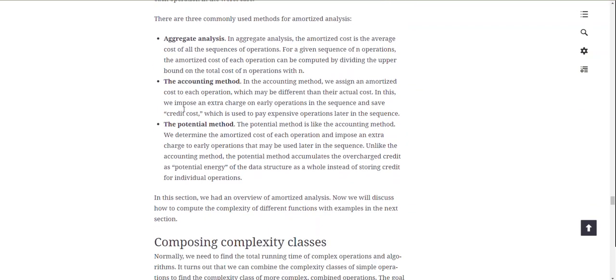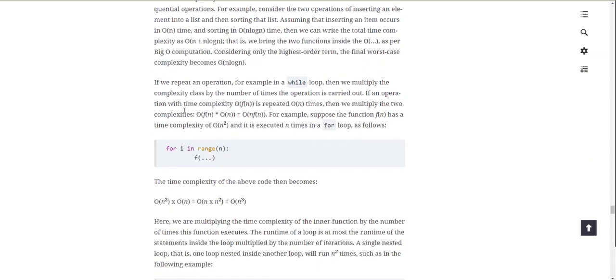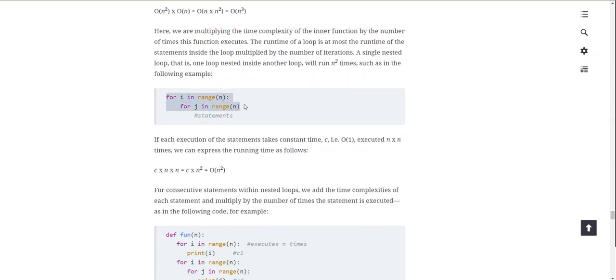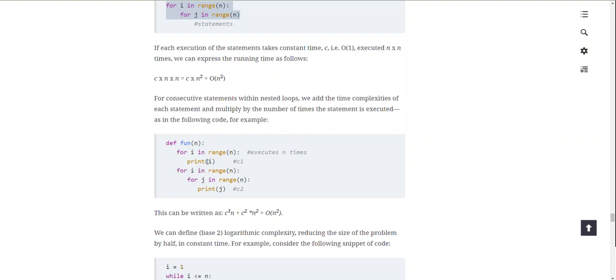So we're going to have to go through and look at and understand this. So when I see this nested, I know I'm dealing with n squared. It is what it is. And I can go through and run the math out and get an understanding of what's taking place. So I've got a function of n. This runs n times. This runs n times. So this is n, this is n squared.